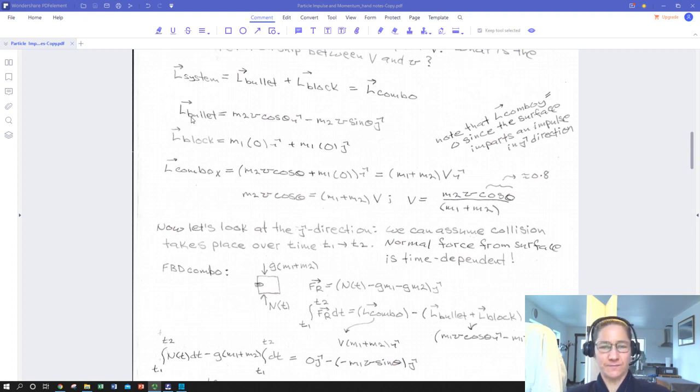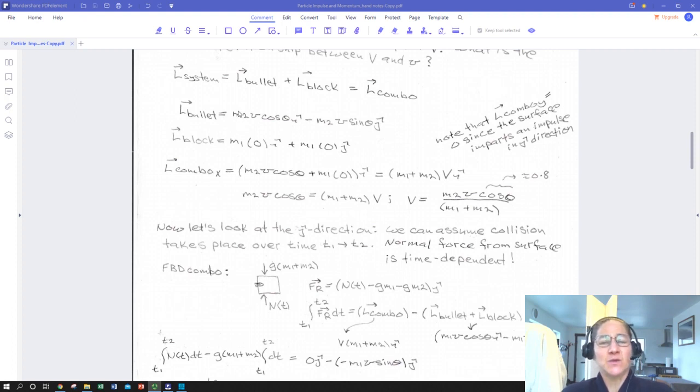So let's just use some simple trig to get the momentum of the bullet, remembering that momentum is mass times velocity, or velocity of the center of mass point. Bullet's pretty small, so we probably could treat the whole thing as a point at its center of mass.